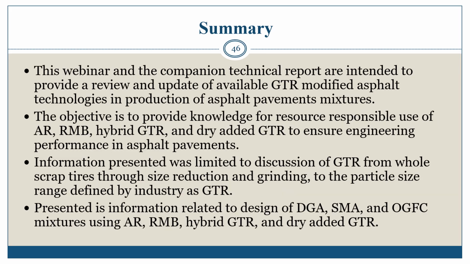This webinar and the companion technical part are intended to provide a review and update of available GTR modified asphalt technologies in production of asphalt pavements. The objective is to provide knowledge for resource responsible use of asphalt rubber, rubber modified binder, hybrid GTR, and dry added GTR to ensure engineering performance in asphalt pavements.